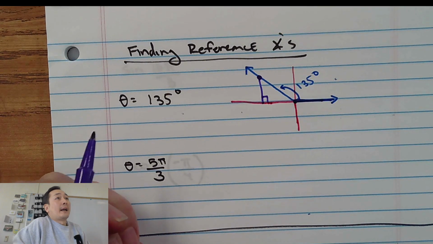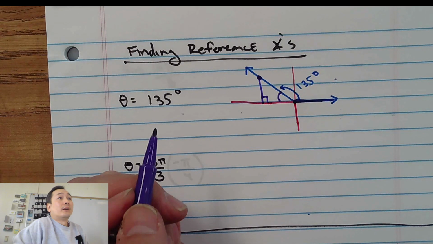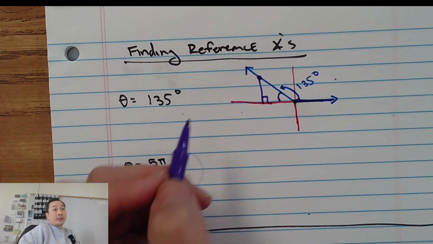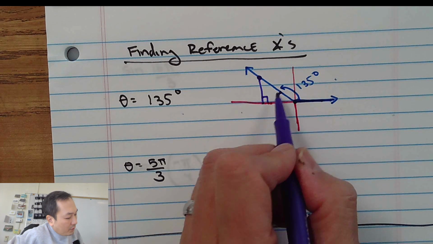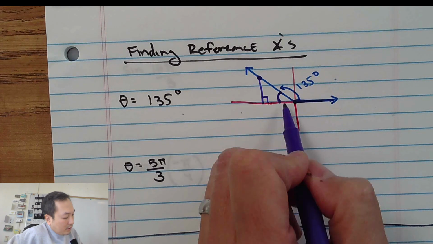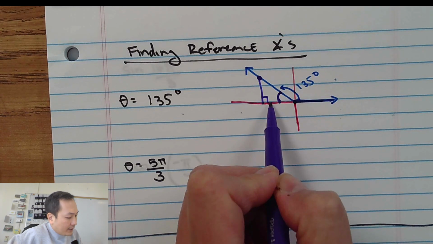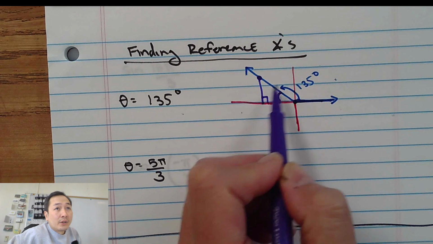The reference angle is the angle that the right triangle you just created has. What is the degree of that angle? You can do it intuitively. I know the straight line is 180, so 180 minus 135.